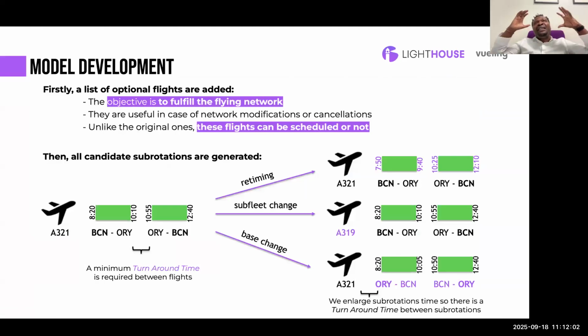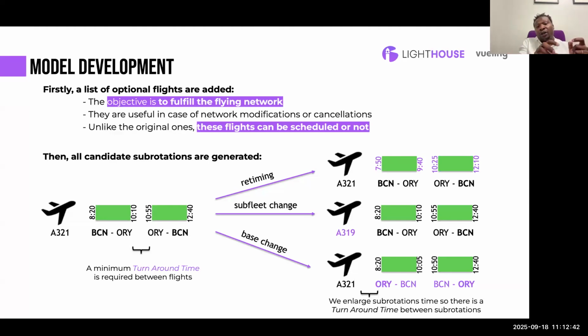So, having this, one of the strategies we also need to achieve the problem and reduce the number of qubits is to see how we generate these candidate subrotations. But before doing this, we need to understand that we have this original network as input, and we create some optional flights, because our objective is to fulfill the flight network.